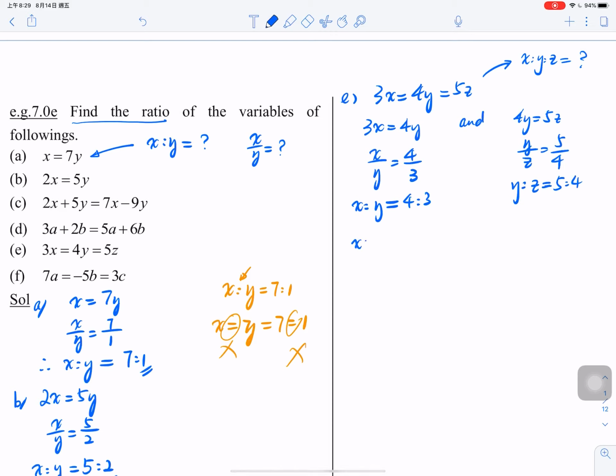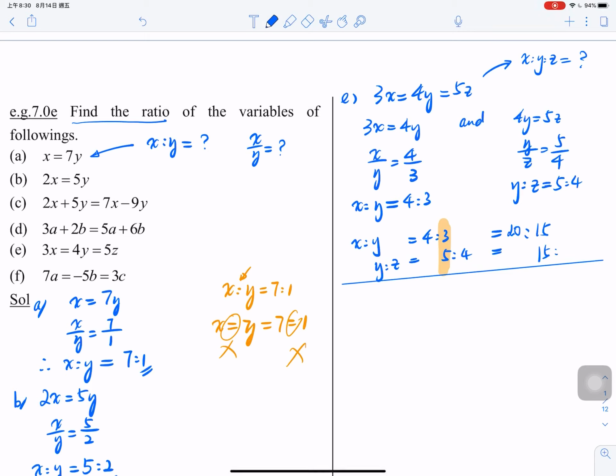So x to y equals 4 to 3, y to z equals 5 to 4, right? Yeah, remember, expand it. The common value here is 3 and 5. Okay, what should we do? It becomes 15, right? Good. So this one times 5, 20 to 15. And how about this one? 15 to 12.